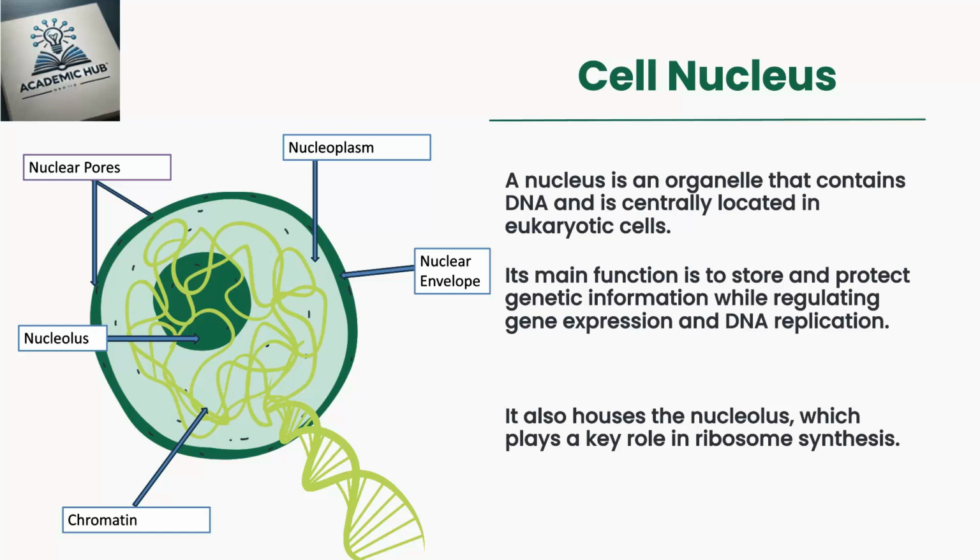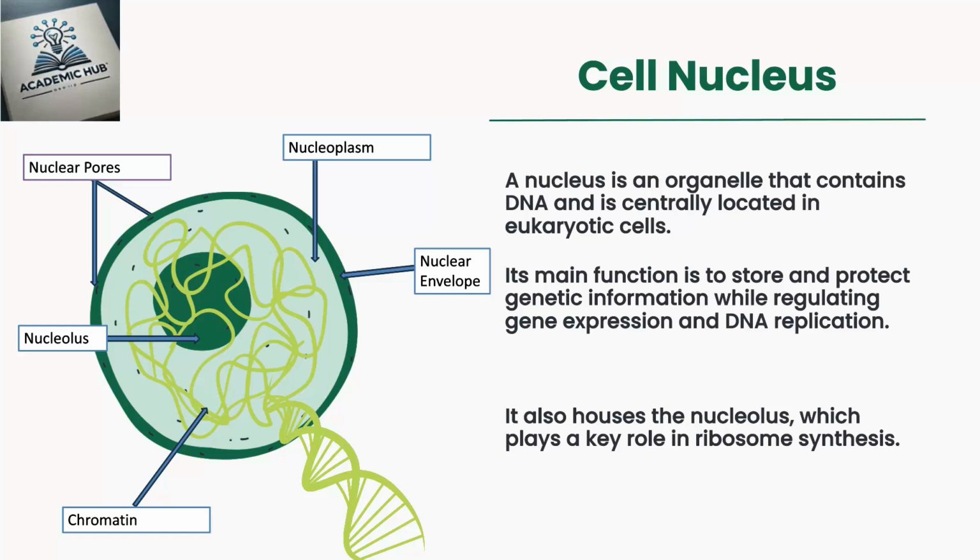For example, skin cell regeneration. When we have a cut in our skin, the cells of the skin divide rapidly to repair the wound. The nucleus ensures that the DNA is copied correctly so that the new cells function properly.